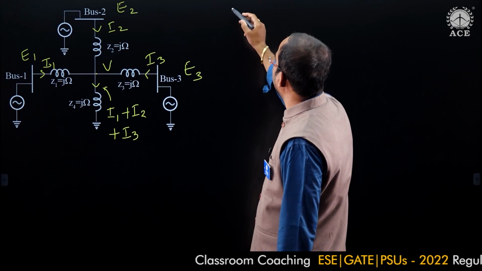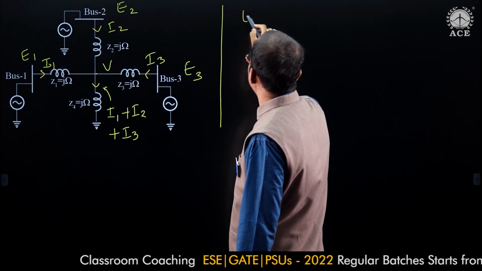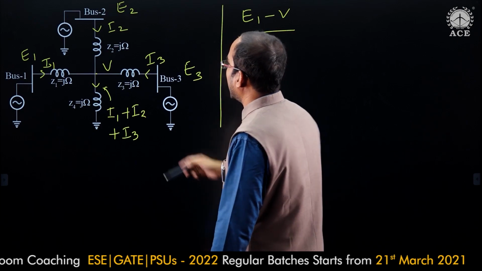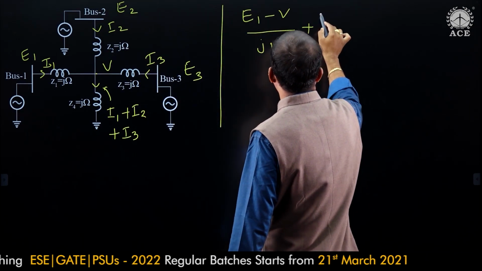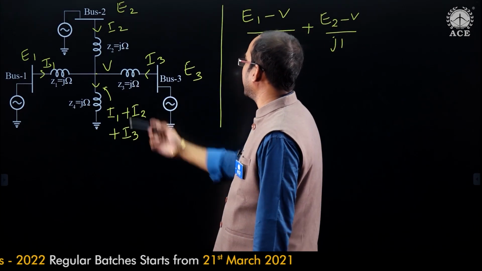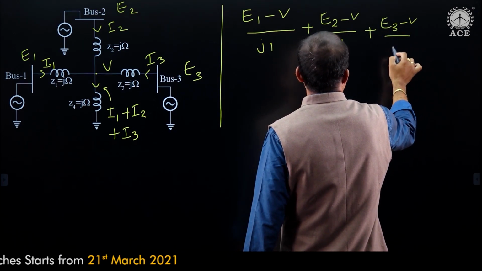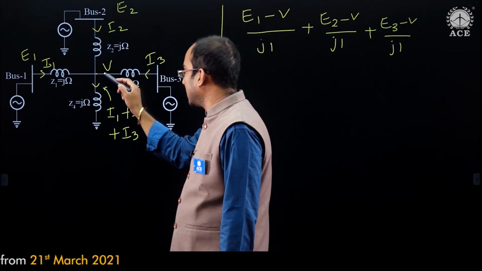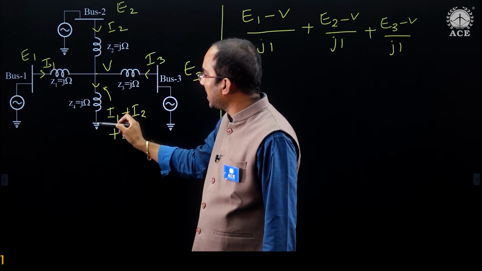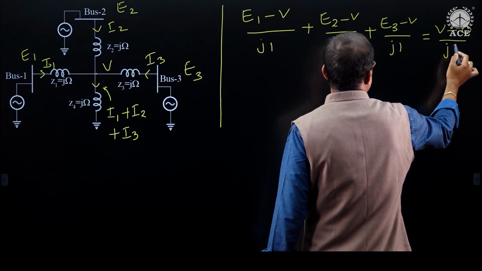Now we can write the equations: I1 can be written as E1 minus V by J1, I2 can be written as E2 minus V by J1, I3 can be written as E3 minus V by J1, and I1 plus I2 plus I3 can be written in terms of V and the reference value, that is V minus 0 by J1.